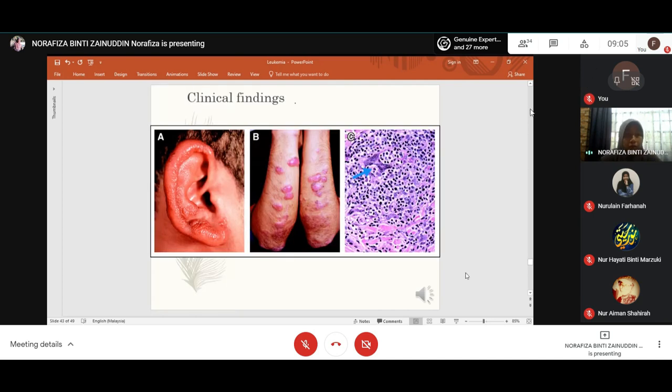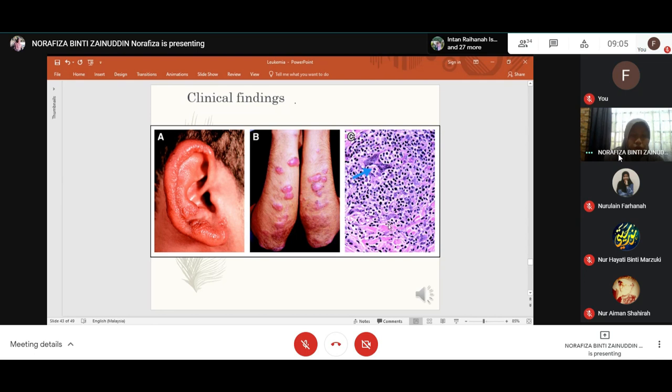Okay. This is the clinical findings of ATLL in a boy. Right. So there are multiple small erythematous papules on the outer rims of his ears, and infiltrated plaques on his upper limbs.